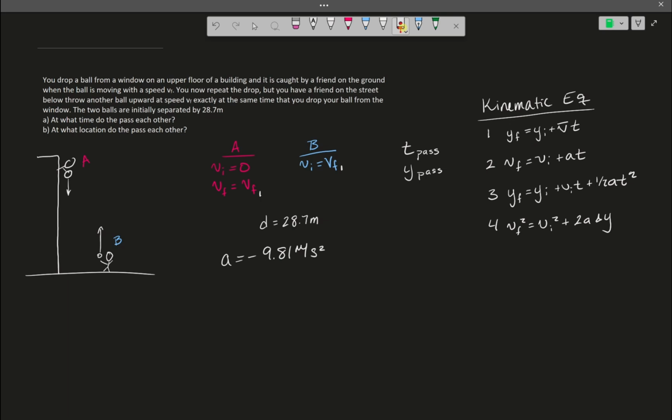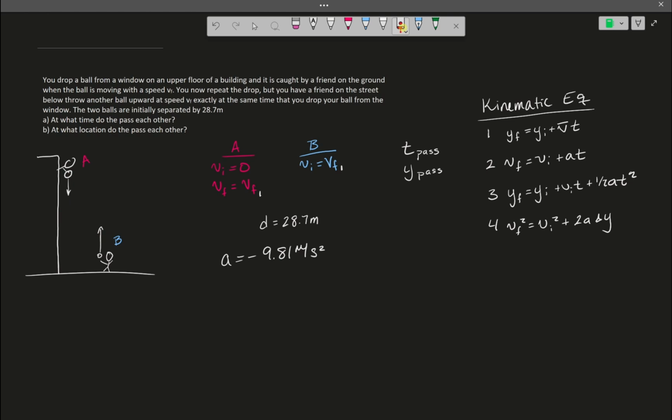I don't have a final velocity, right? I just have a variable. Again, I don't have locations, I don't have time, I don't have a final velocity, and I don't know what the change in position is going to be for object A going to where it encounters object B. I don't know what this location is.